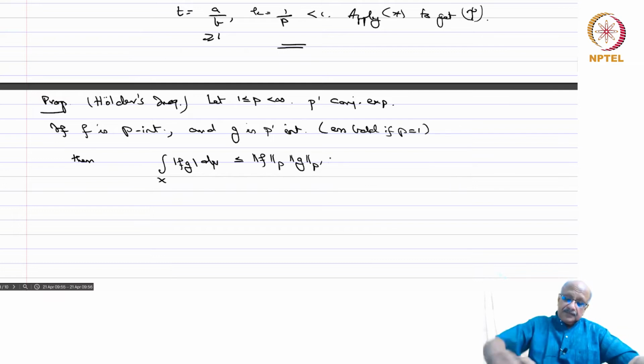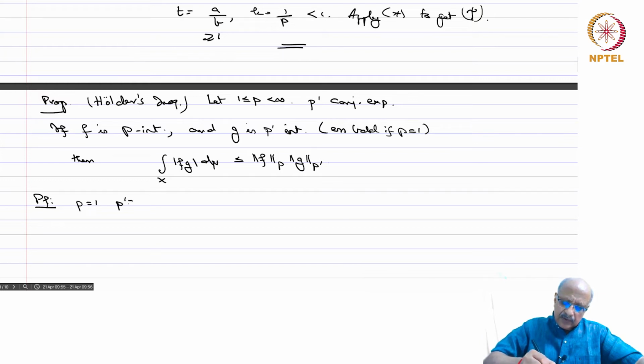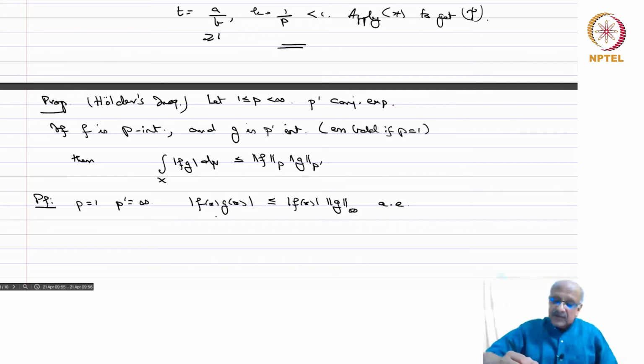So, proof. Let us take p equals 1, p' equals infinity. Then |f(x)g(x)| is less than or equal to |f(x)| times ‖g‖_∞ almost everywhere, because for almost every x, |g(x)| is less than or equal to ‖g‖_∞.